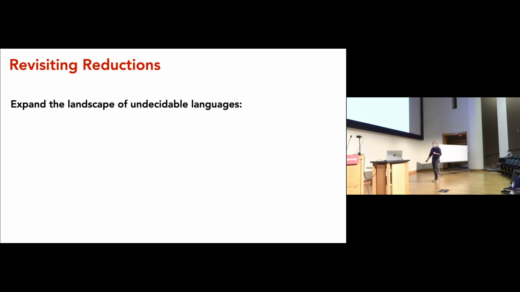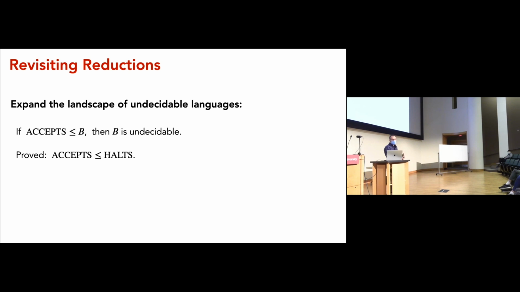So this allows us to expand the landscape of undecidable languages. If you show that A_accepts reduces to some language B, then B is going to be undecidable, because we showed A_accepts is undecidable. We've shown that accepts reduces to halts, and this was our method for showing halts is undecidable. Now if we argue for some other language B that halts reduces to B, then that would show B is undecidable. And you can go on like this.